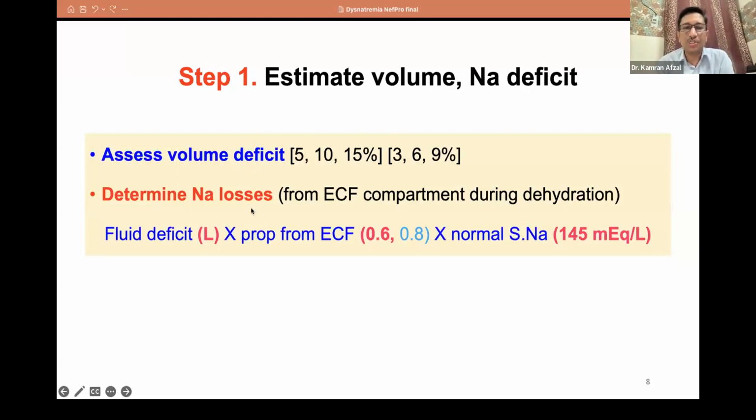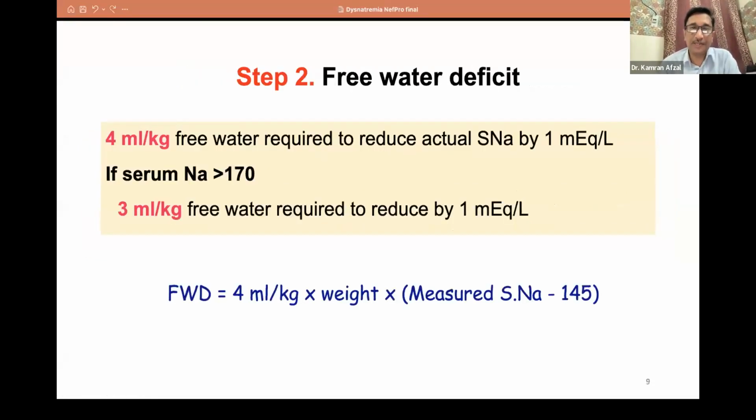Now, sodium losses can be calculated by multiplying the serum sodium with the proportion lost from the extracellular compartment. So you use a factor of 0.6 and the amount of fluid deficit. Okay, so we'll see how we calculate the fluid deficit. So for example, somebody has lost 1 liter. So 1 into 0.6 into 145, that would be the amount of sodium lost in that particular case.